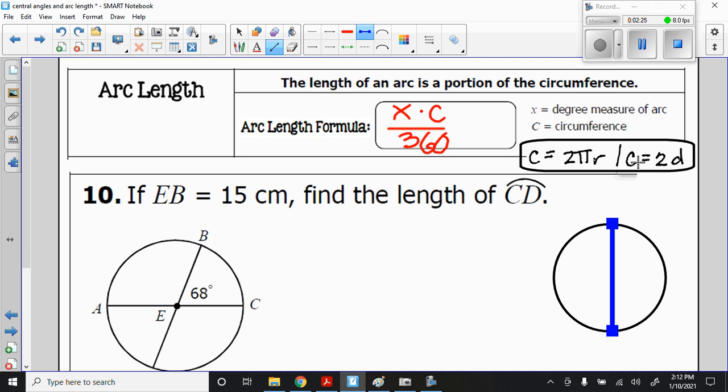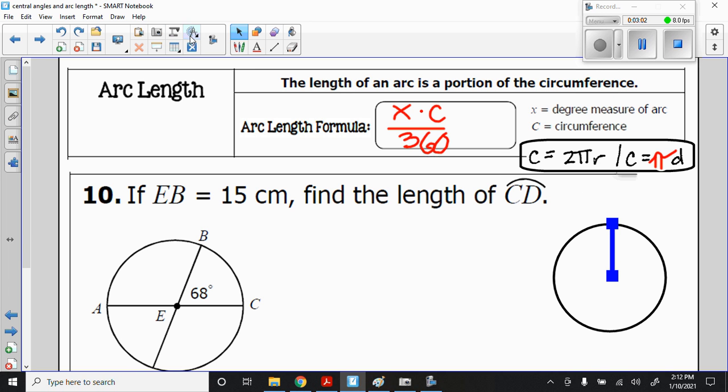I apologize, I wrote that incorrectly. Circumference should be pi times diameter. Or if they give you a radius, which is half of the diameter, it would be 2 times pi times radius.